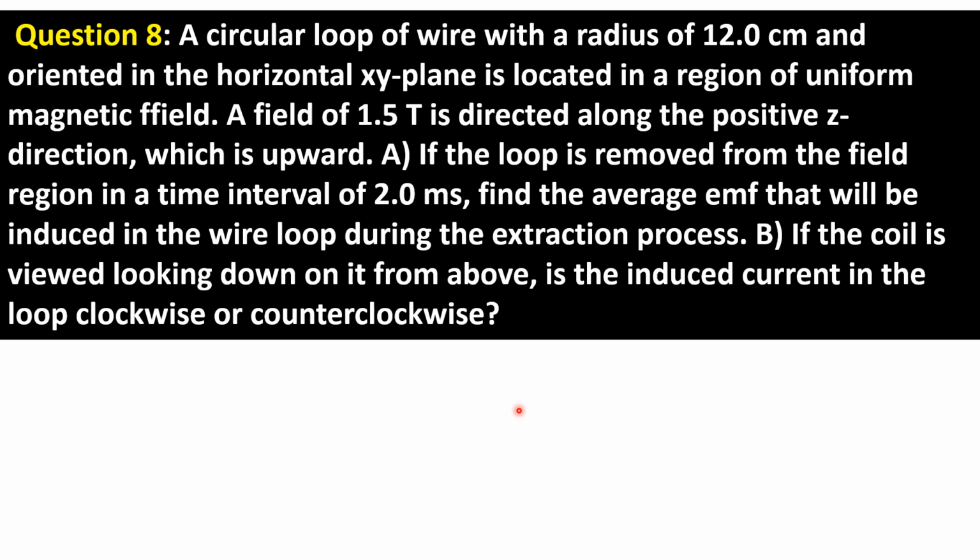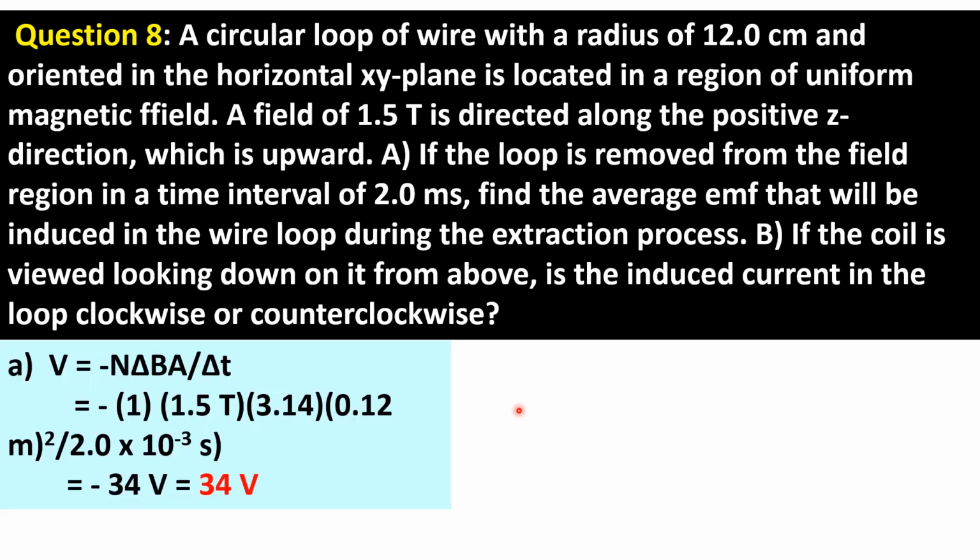In other words, the concept behind this is Faraday's law of electromagnetic induction. In Faraday's law of induction, the formula to determine the induced EMF or voltage is just expressed as V equals negative N multiplied by the change in the magnetic field multiplied by the cross-sectional area of the given loop.